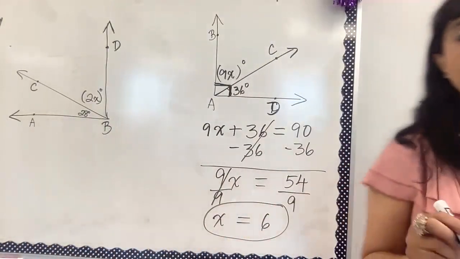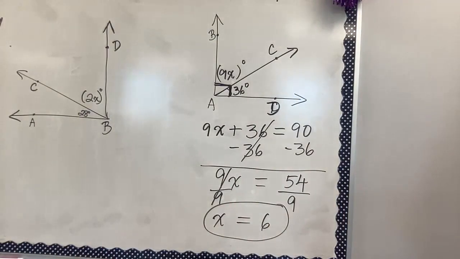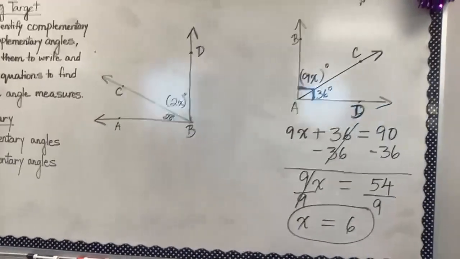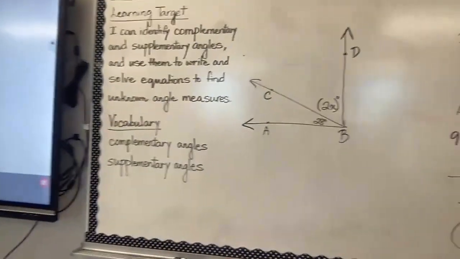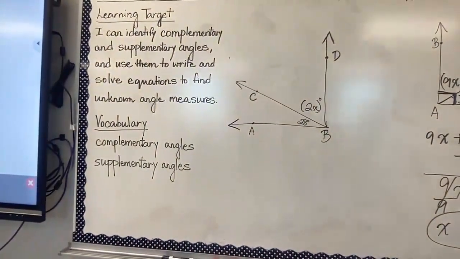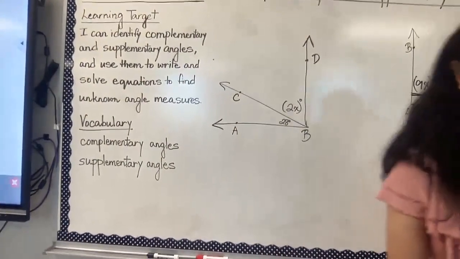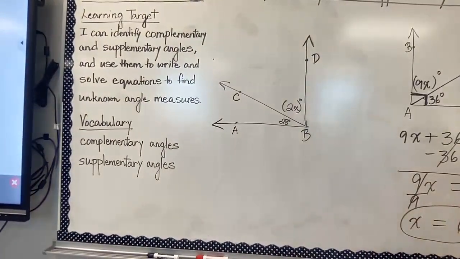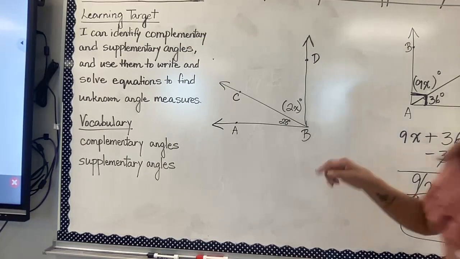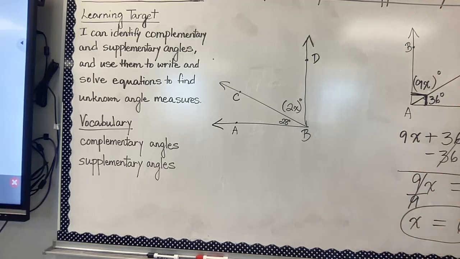So if I give you something like this, I'm asking you to write and solve an equation to find the value of x. All right, here we go. Now, in this case, again, I am looking at the angles over here. We have the measure of angle ABC, and we have the measure of angle CBD.